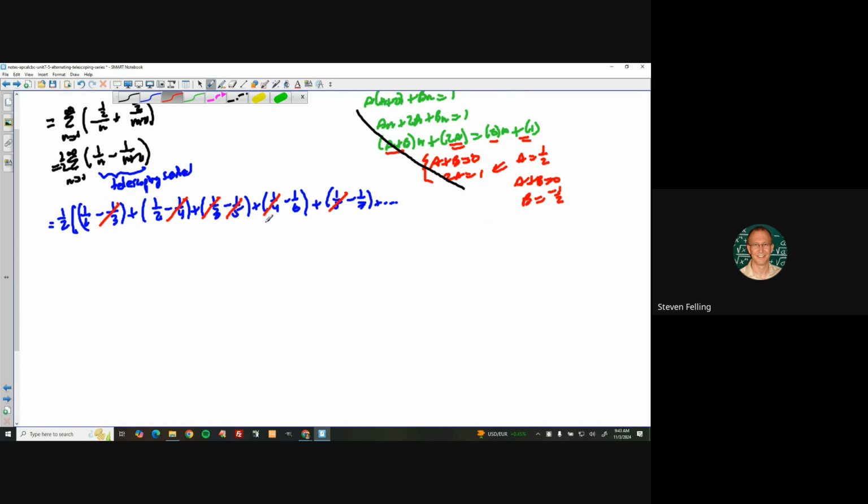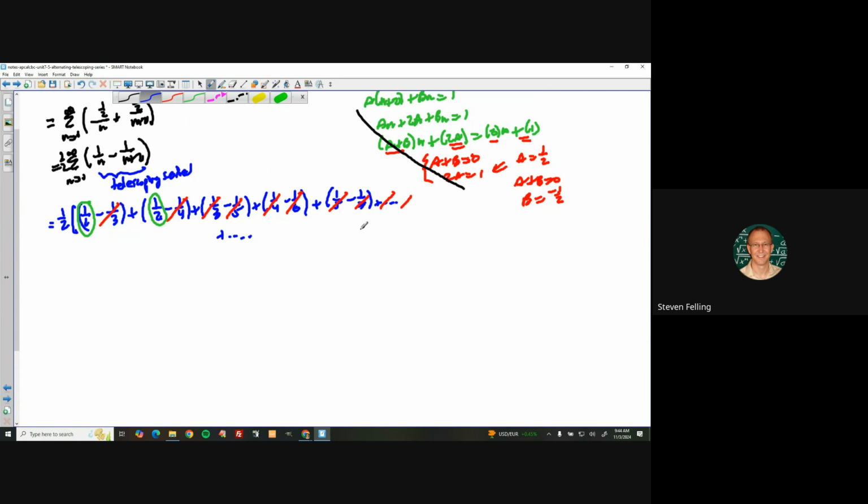The entire middle gets canceled out. But we'll be left with some terms at the beginning. There's 2 that happened before we got to the cancellation, which will just keep going, because this negative 1/6 is going to get canceled. This 1/7 is going to get canceled. It's going to keep getting canceled. So what's going to happen at the end of the series? At the end of the series, we're going to have a term wherever we stop.